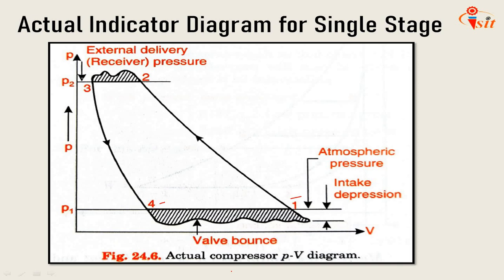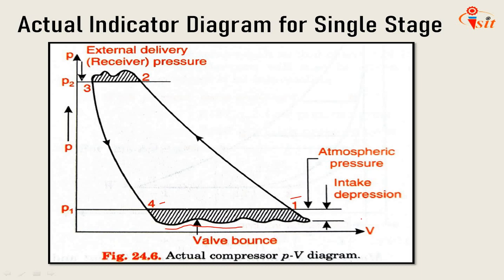Some valve bounce will then set in, as shown by the wavy lines here, valve bounce. Eventually the intake will become near enough steady at some pressure below atmospheric pressure. This negative pressure difference is called intake depression.